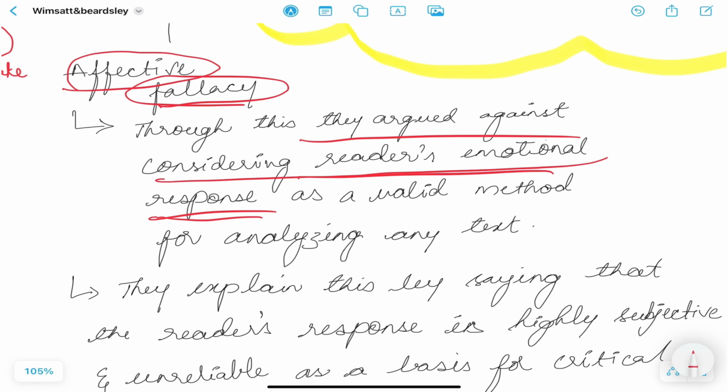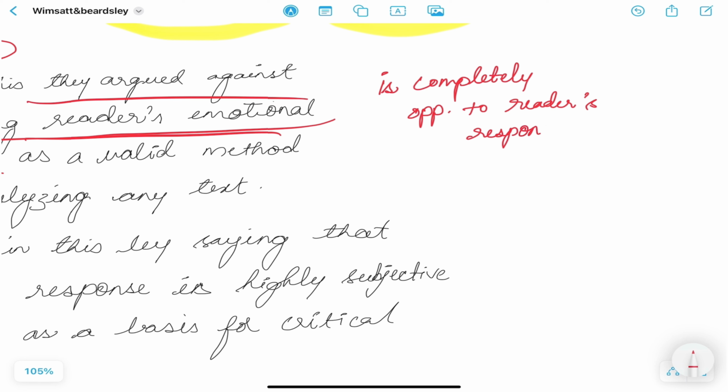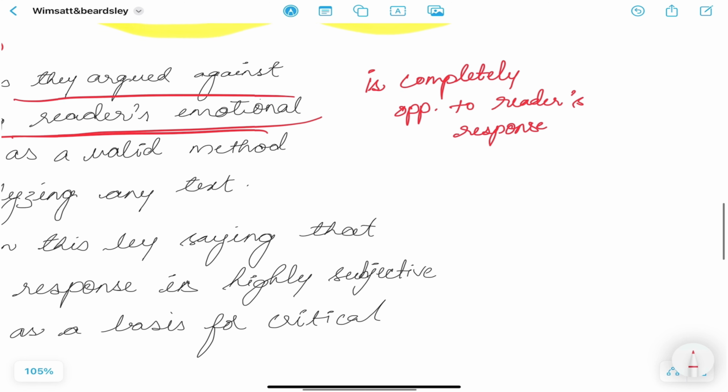This is completely opposite to that of reader's response theory. If you don't know what reader's response theory is, the title would be sufficient for you to understand what the theory is all about.